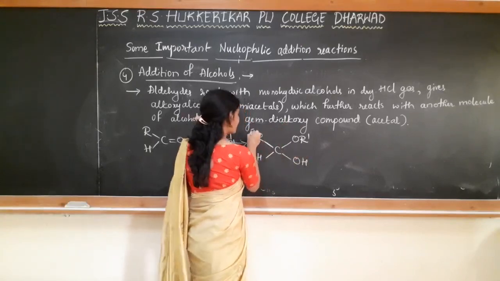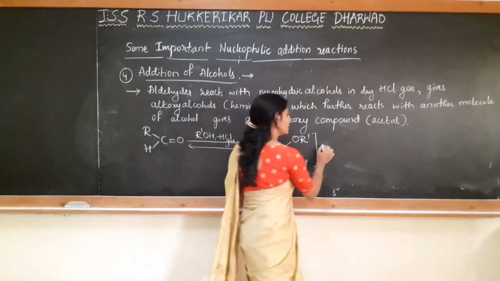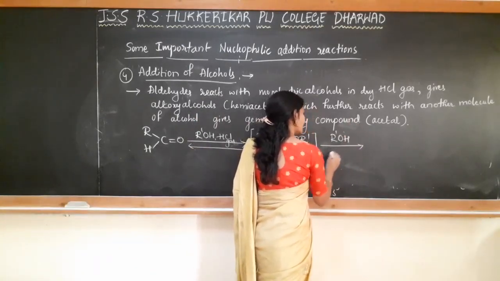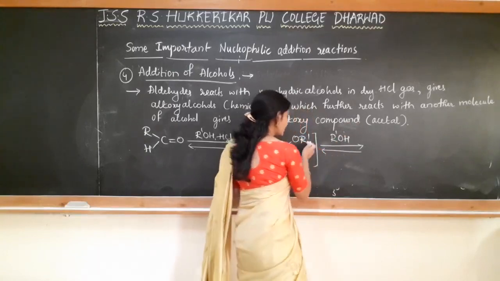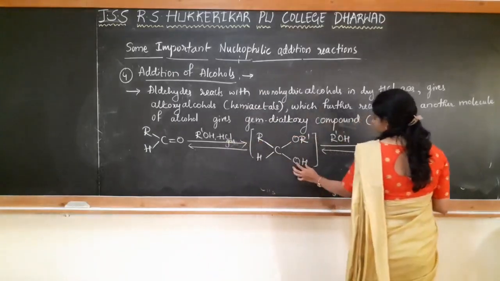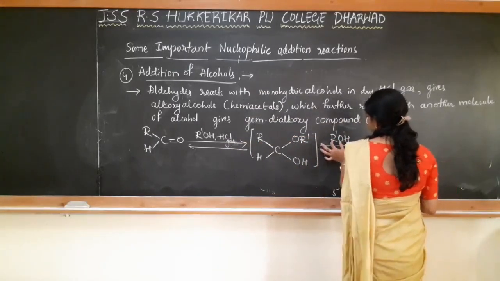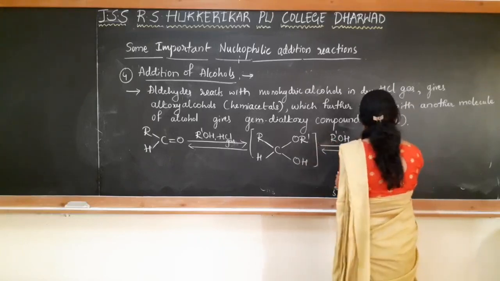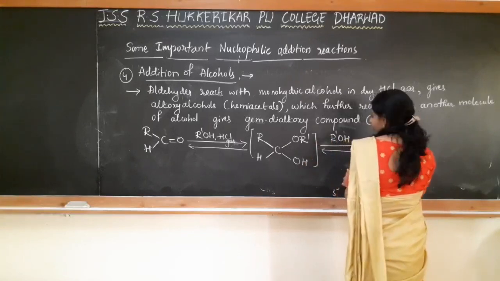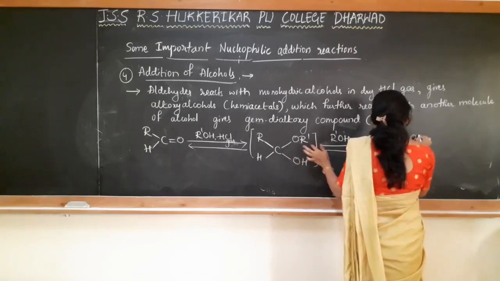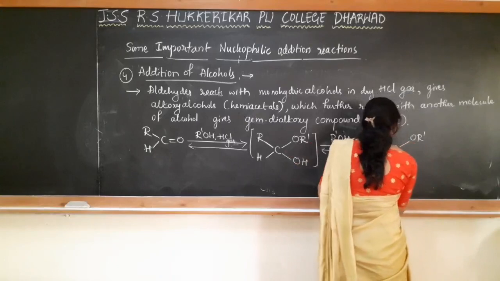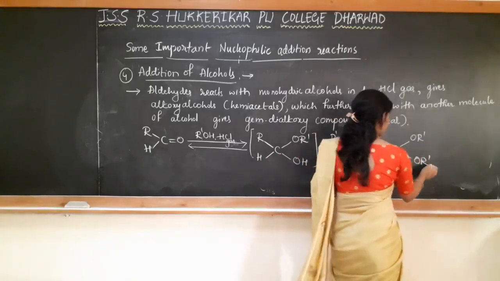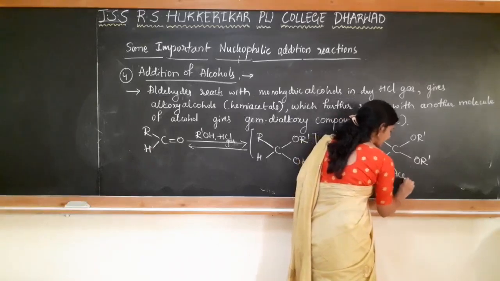This is the intermediate, which on further reaction with another molecule of alcohol results in the formation of a dialkoxy compound. Here again this H is replaced by the alkyl group. This final compound is known as an acetal, while the intermediate is the hemiacetal.